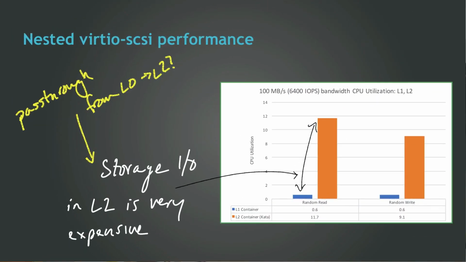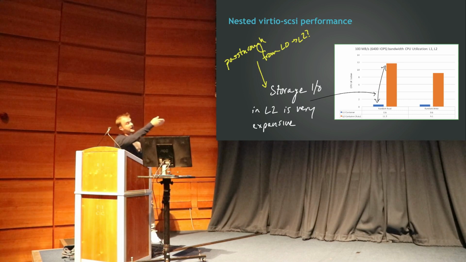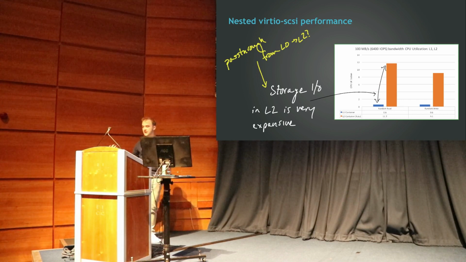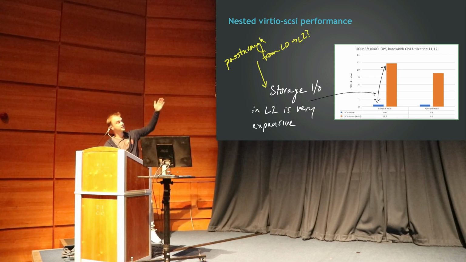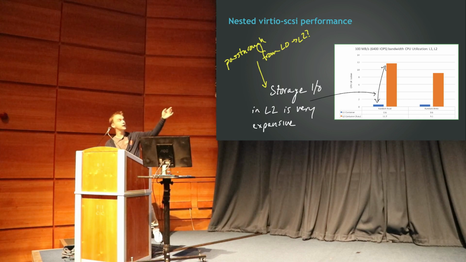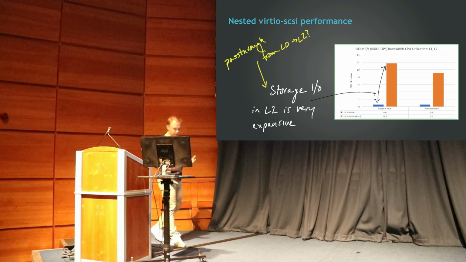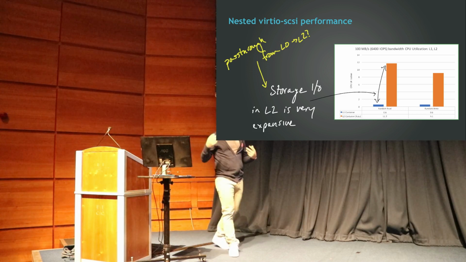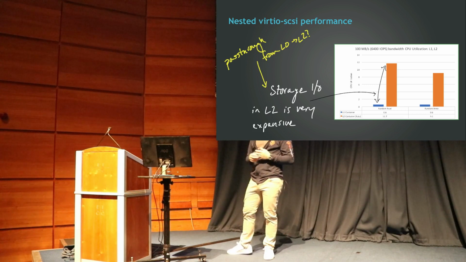Some other stuff around storage: I was doing some nested testing. I did a presentation yesterday talking about the results. This is what it looks like for cost. If you're doing it in an L1, it costs 0.6%. That's less than a CPU. It's a 16 core. Don't worry about it. But if you look at the L2, it's quite expensive. We're looking at about a 20x difference between the two. So this has me thinking that the use case when you get into nested, which people are excited about, is to be passing something from L0 to L2.